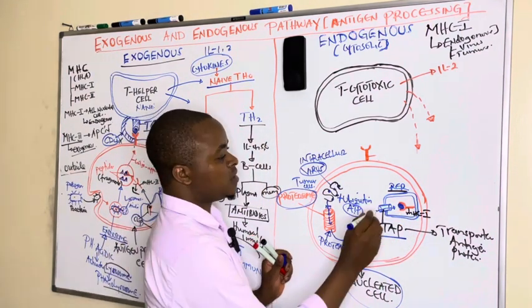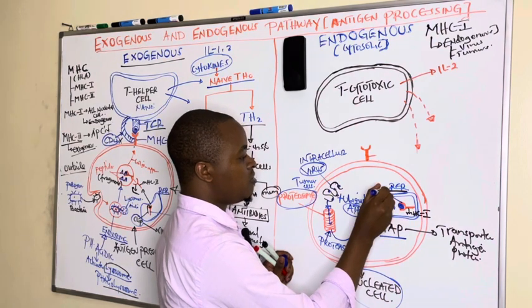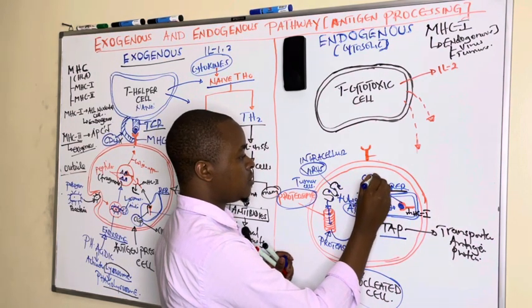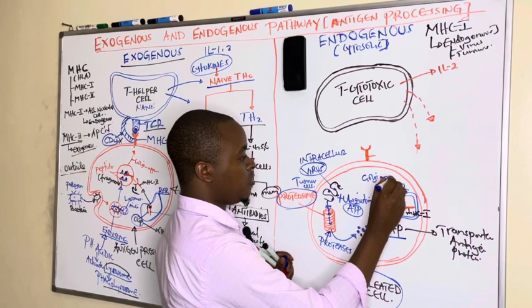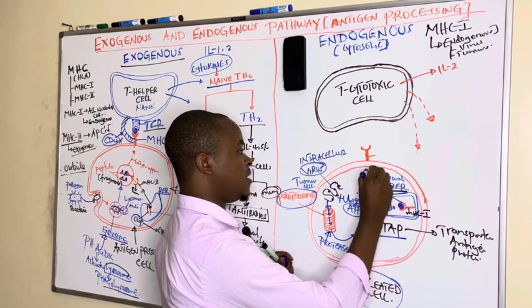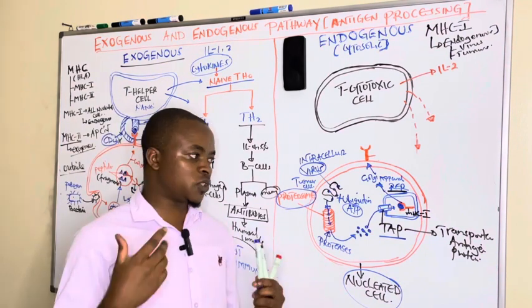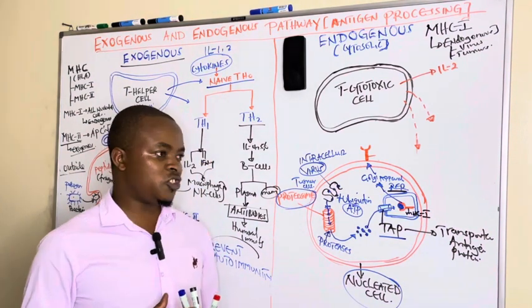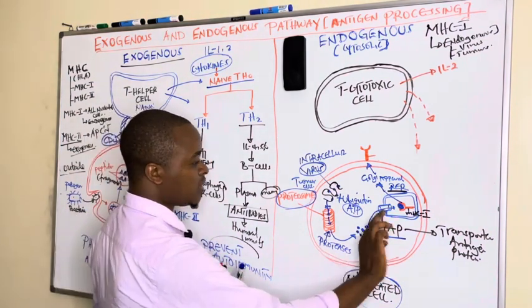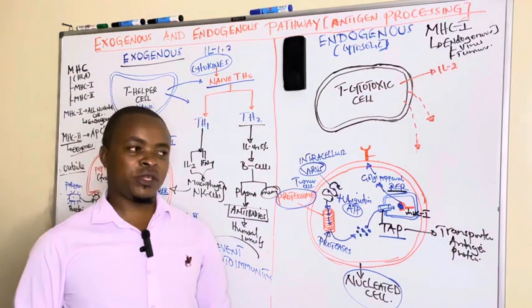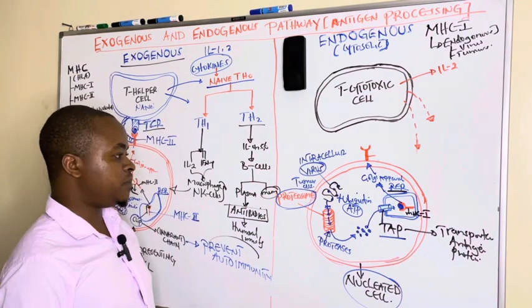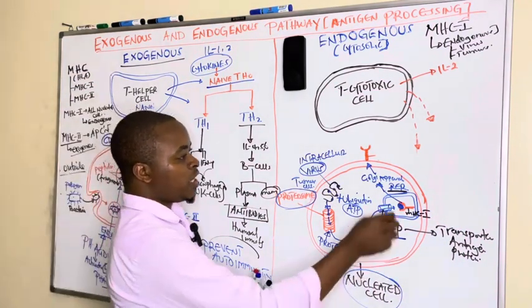After binding, class 1 moves via the Golgi apparatus and is taken to the surface. There is no invariant chain because we are taking the peptides within the rough endoplasmic reticulum.